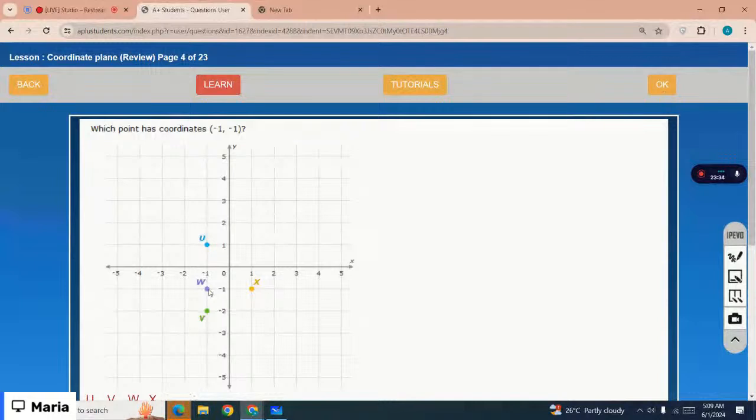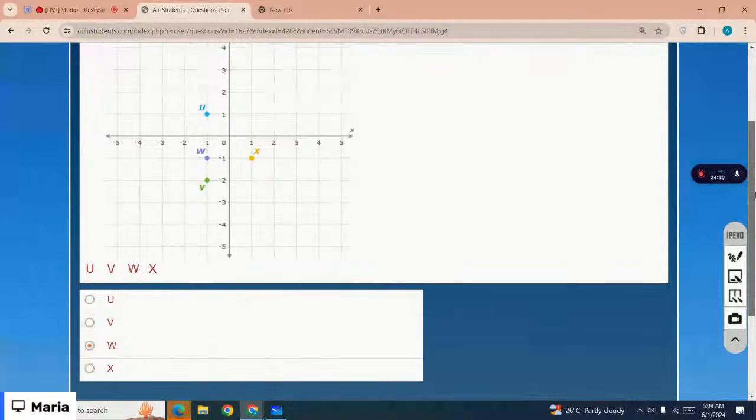So the point is W. W has the coordinates -1 and -1. W is the correct option.